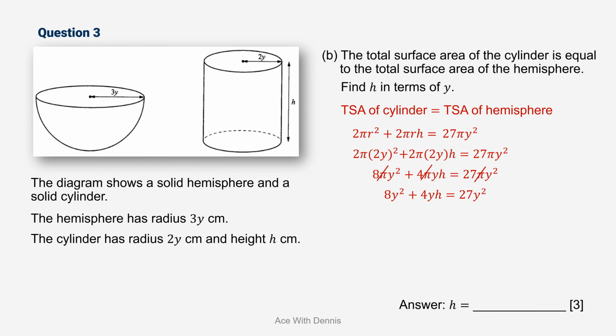The next thing we need to do is move the 8y square to the right hand side so that the term with h is left at the left hand side. So the equation becomes 4yh equals 27y square minus 8y square. H will be 19y square over 4y. Simplify, we'll get 19y divided by 4. Hence, 19y over 4 is the answer.